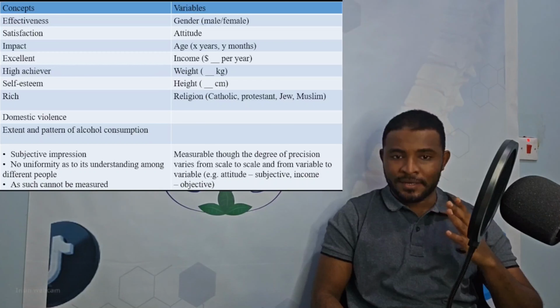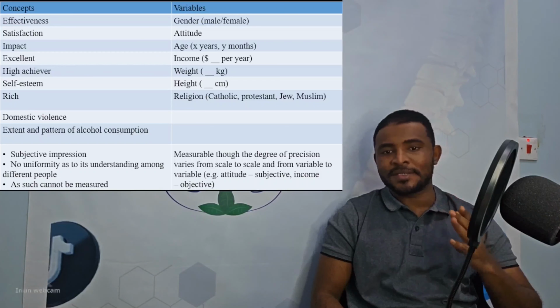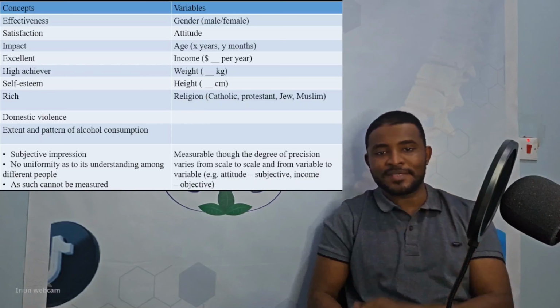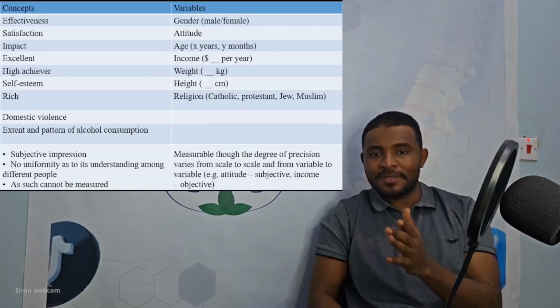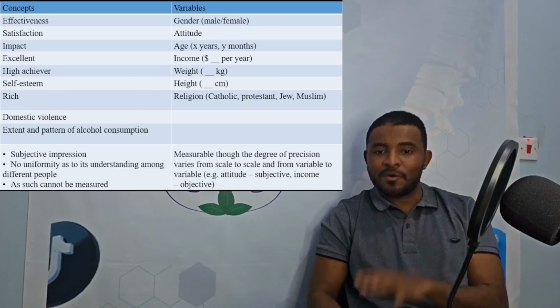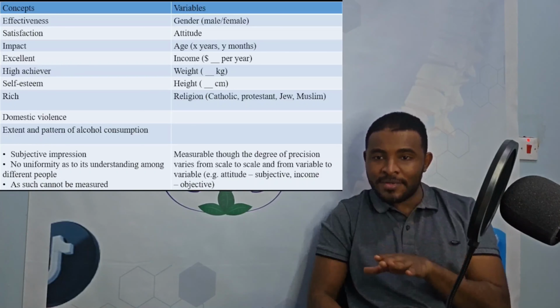So these are some concepts translated to variables. For example, for the concept, variables can be gender, attitude, age, income, weight, height, religion. All of these are measurable.